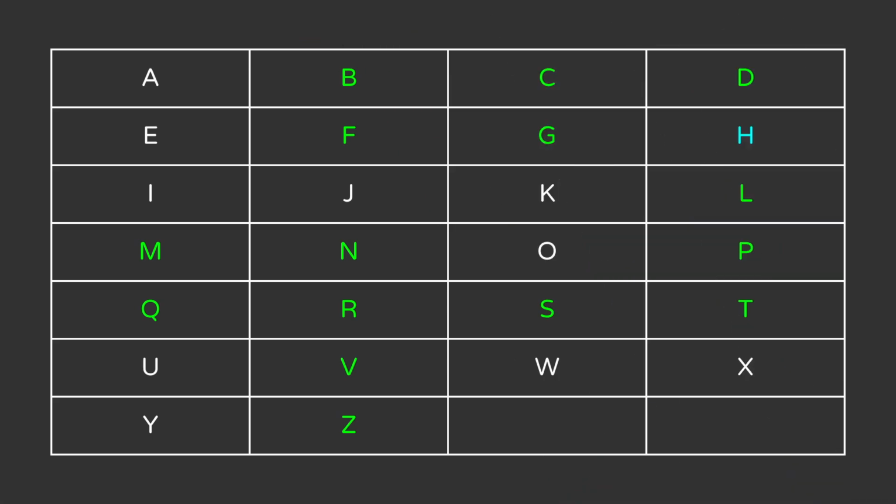In Italian, these letters are B, C, D, F, G, H, L, M, N, P, Q, R, S, T, V, and Z. If you want to find out more about their names and their pronunciation, check out the video I made about the Italian alphabet.